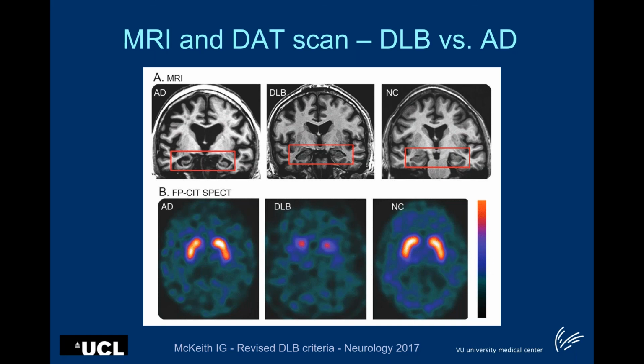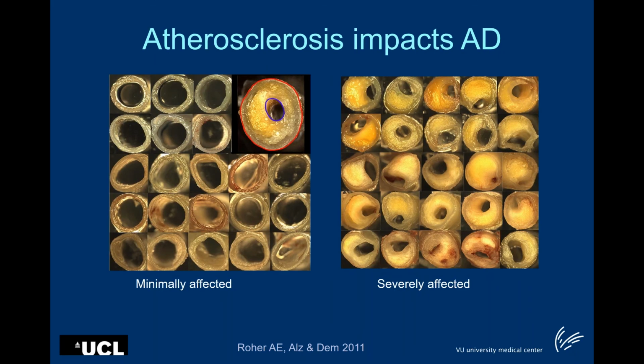I mentioned already that atherosclerosis is something that may impact AD as well. Here's a nice study, a postmortem study, where they looked at the carotid arteries and classified them as almost normal or severely atheromatous with narrowed lumen. So this is all plaques forming in the wall of the vessel with a very severely reduced lumen.